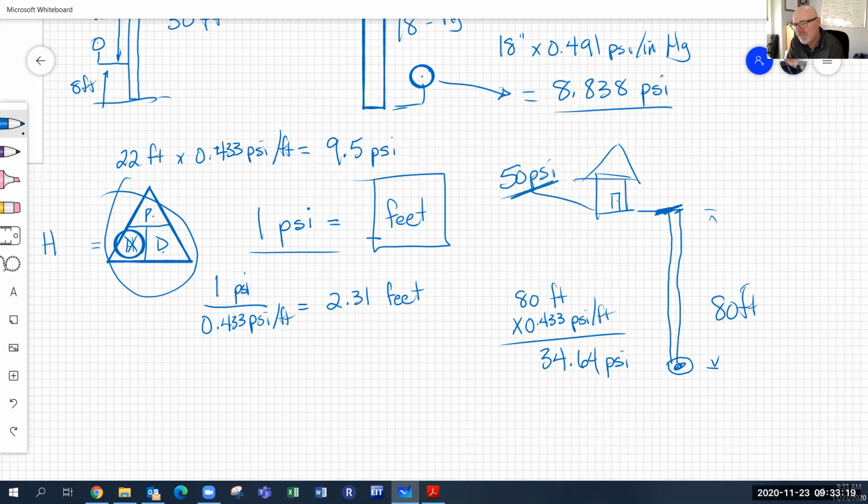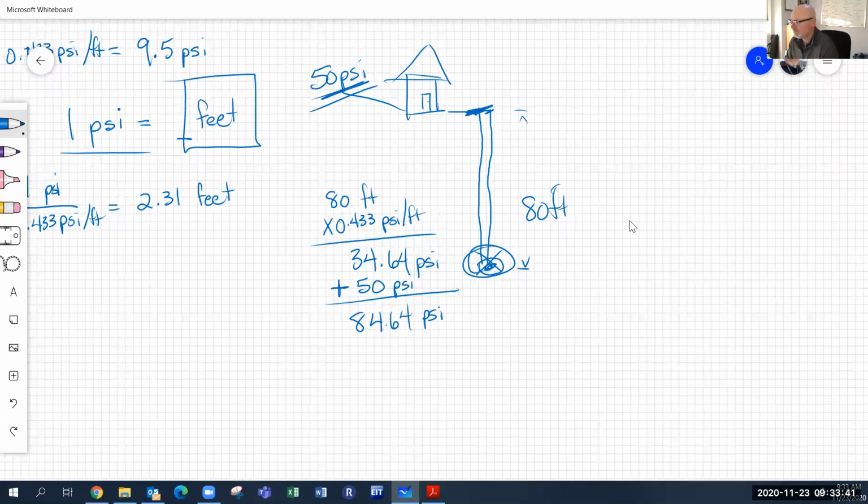But I need 50 PSI more in my house, so I'm simply going to add 50 PSI to that number. So this particular pump needs to produce 84.64 PSI to get me 50 PSI in my house.